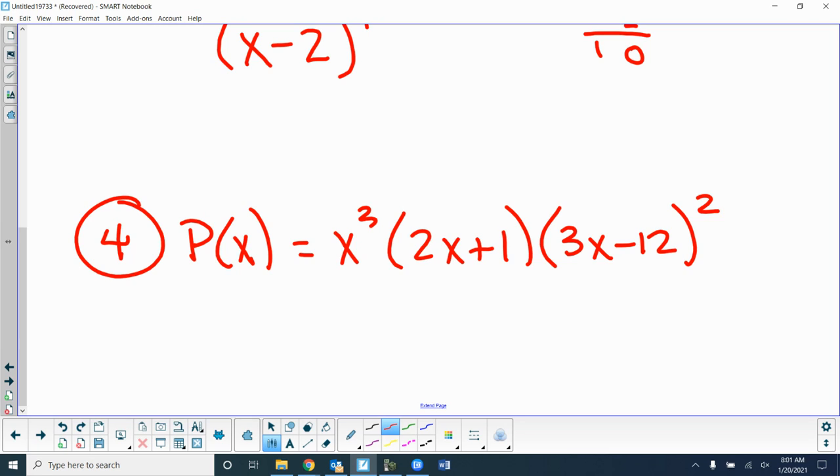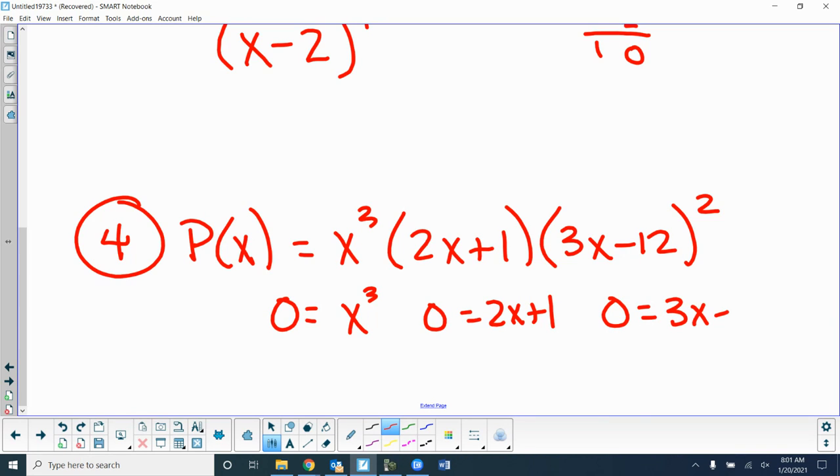Okay, so you just set them equal to 0. It's already factored for you. So you got x cubed equals 0, 2x plus 1 equals 0, and 3x minus 12 equals 0. And then you just solve for x to find your zeros when it's already factored. Okay? So here, how do I make this an x? What do I got to do to get rid of that cube?